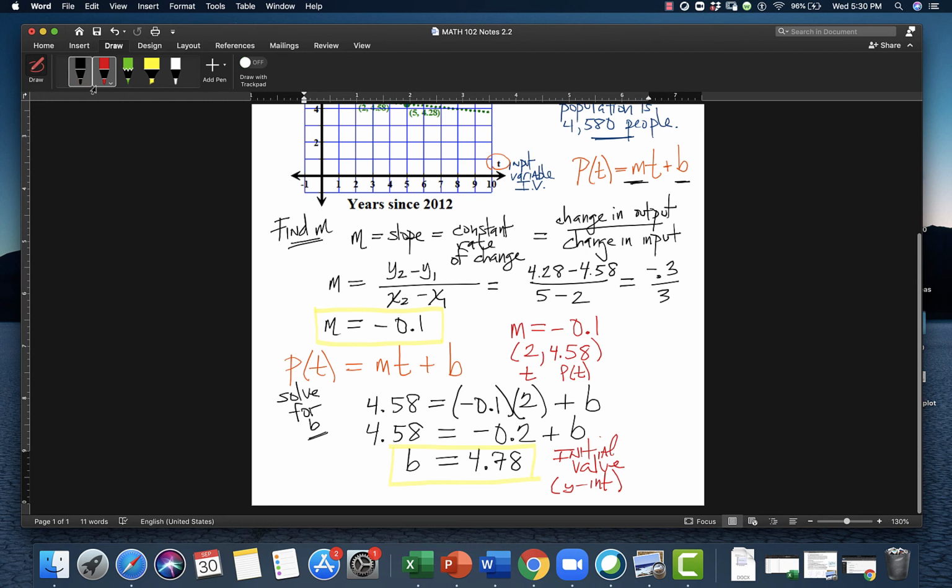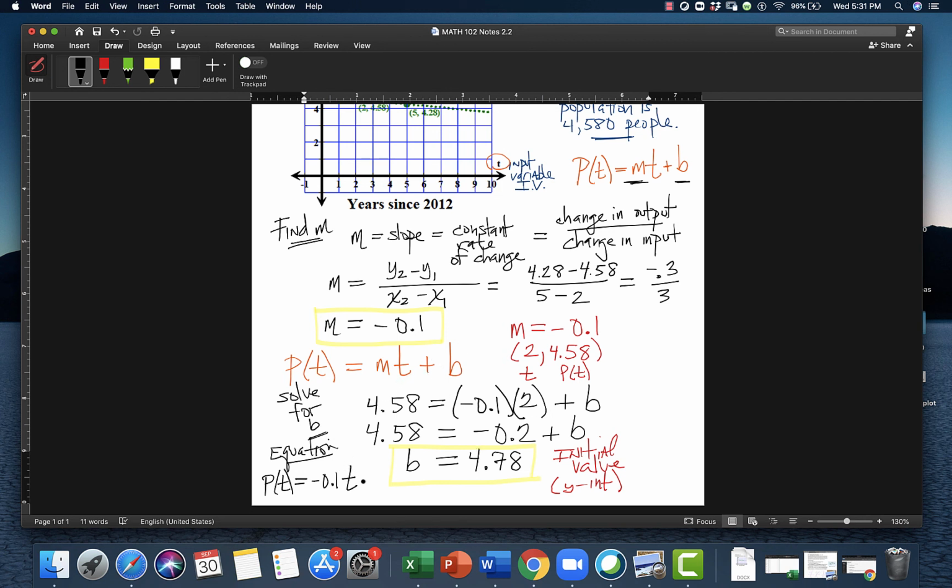So the final step is to get the equation, and the equation will be P of t equals m, which we know is negative 0.1, times t, which is the input variable, and now plus b.